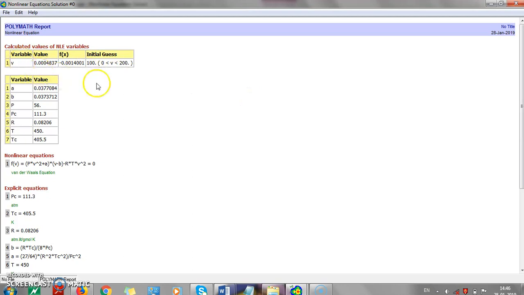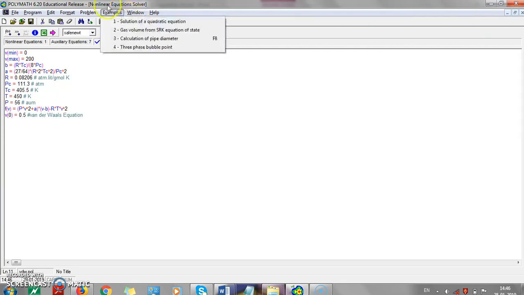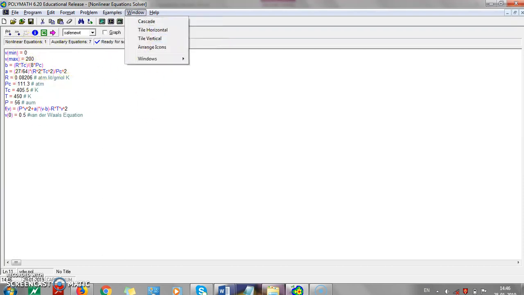Polymath is a very simple tool. Once you enter all this, you can get the solution for system of linear equations, system of non-linear equations. This version of Polymath also comes with inbuilt examples, wherein here there is a quadratic equation, the SRK equation, pipe diameter, and these are all for this particular section.